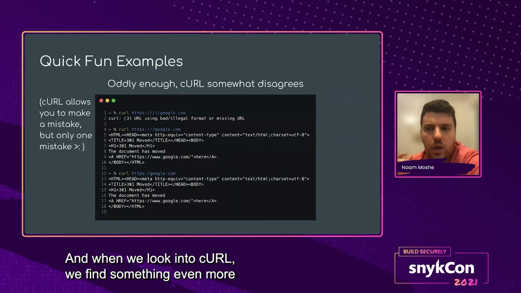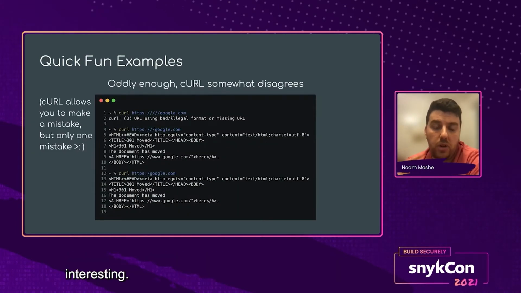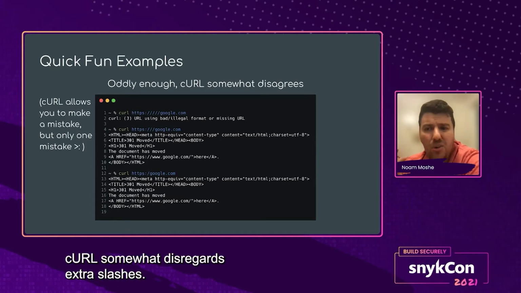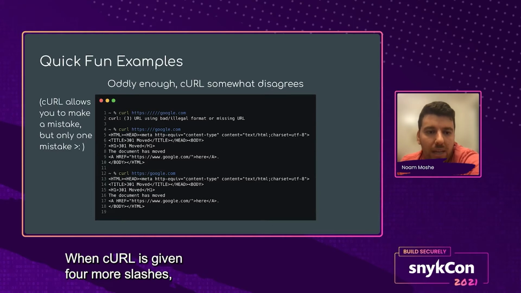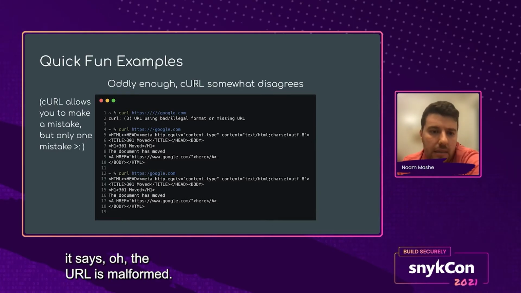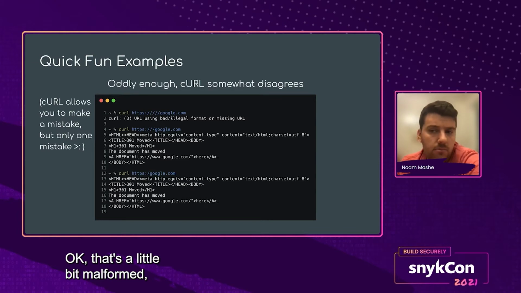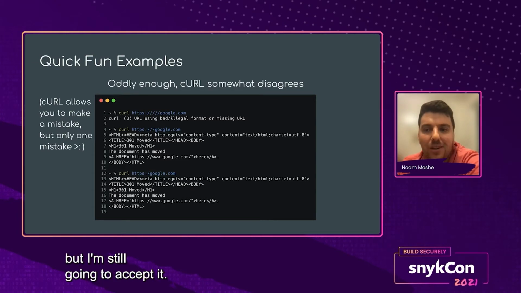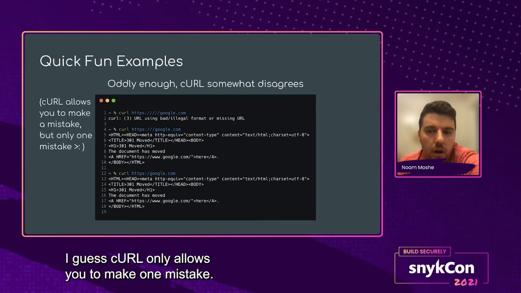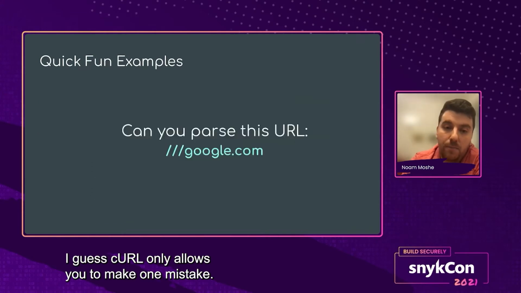And when we look into curl, we find something even more interesting. Curl somewhat disregards extra slashes. When curl is given four or more slashes, it says, whoa, the URL is malformed, I cannot accept it. But when it is given three or one slashes, it says, okay, that's a little bit malformed, but I'm still going to accept it. I guess curl only allows you to make one mistake.